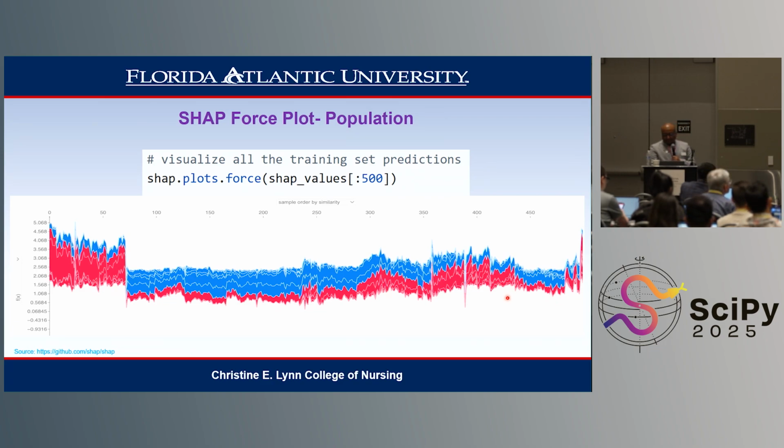data set. From the population plot, we can identify instances where positive feature values dominate, and red are positive values. It's kind of a heat map, so cool colors go to the lower values and hot colors go to the higher values.